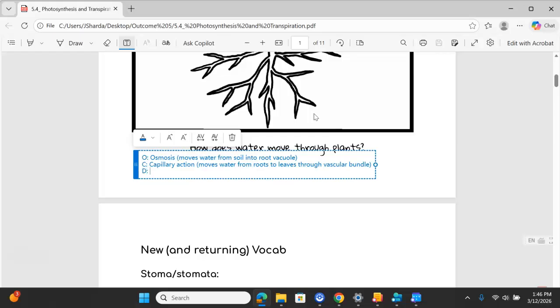D. This is just an easy way to remember. It has nothing to do with OCD, but something that we could probably remember. D, diffusion. Water is released from the leaves as water vapor.